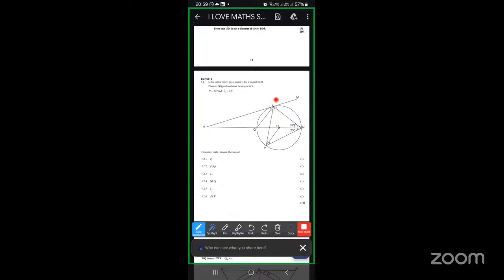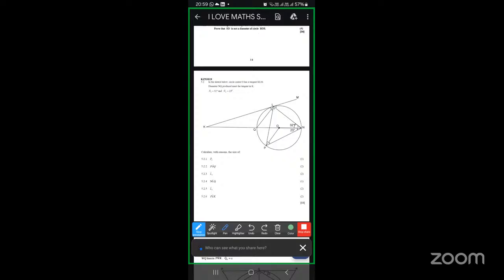5.2.4, we want the size of NLQ. We've discussed this. I think it was the first thing that we talked about from DRCPT. When we were on D, we said NLQ is this size, which is 90 degrees, angle in a semicircle. Then we are done with that.